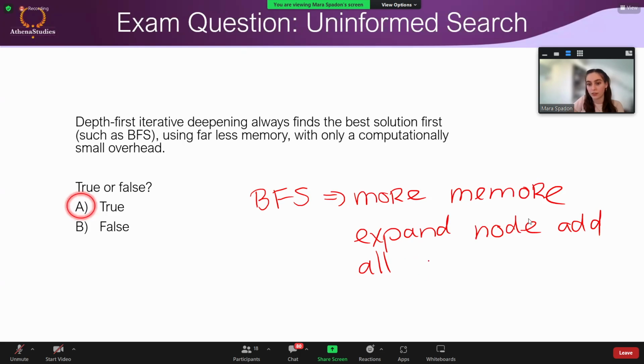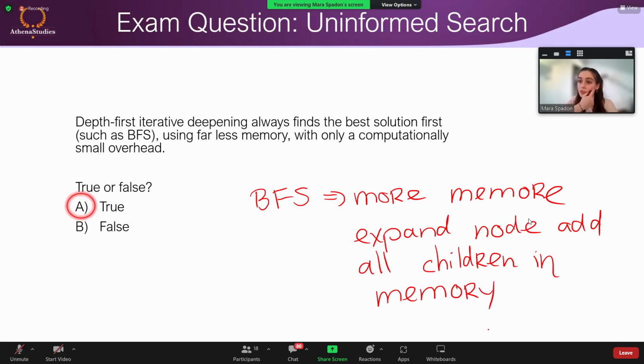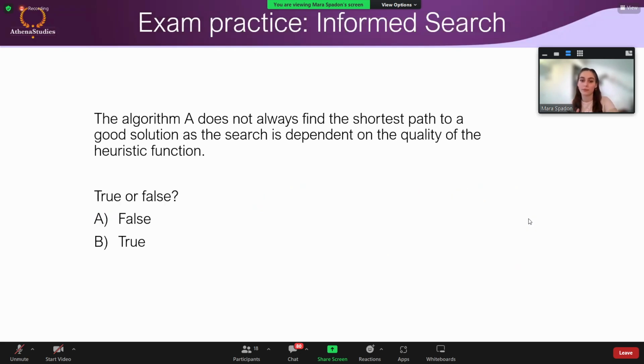So that's why it takes more. For depth-first iterative deepening, this doesn't happen because it's a depth-first search, so it doesn't expand on all children. It goes down the left first, right? Breadth-first takes more memory because when it expands on a node, it adds all the children in memory.